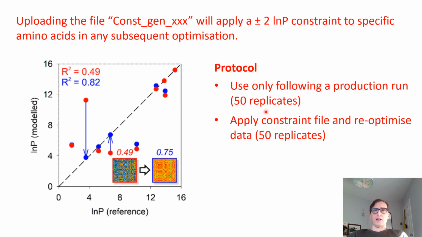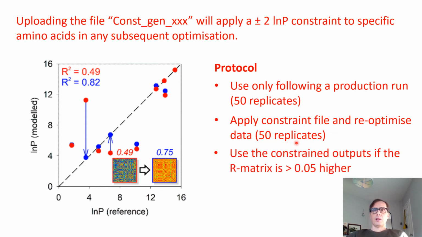Once this has been done, then you can apply the constraint file and then re-optimize the data for another 50 replicates. And then you should use the constrained outputs only if the R matrix from the constrained optimization is at least 0.05 higher than the R matrix of the optimization that wasn't constrained.